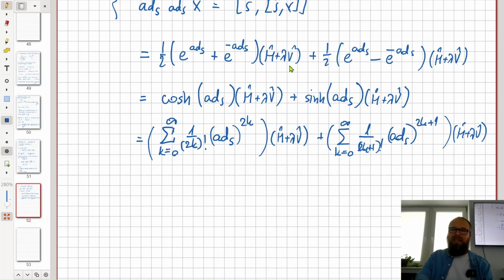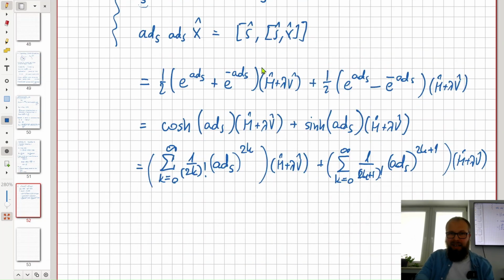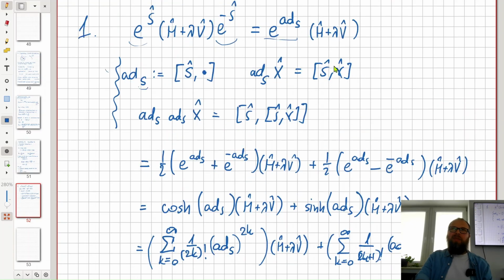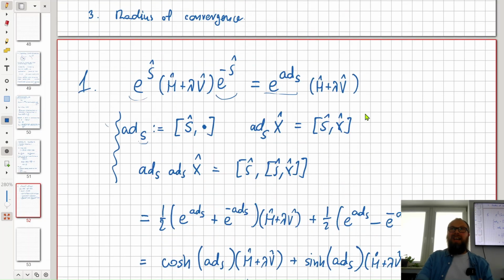Okay. Now, S, the generator, is block off-diagonal. So the action of the adjoint basically multiplies the operator with S, right? If you act with the adjoint on a block diagonal operator, you will get a block off-diagonal operator.